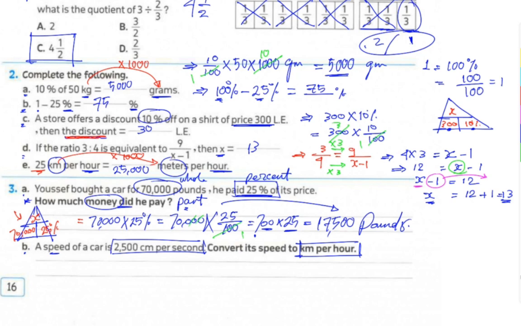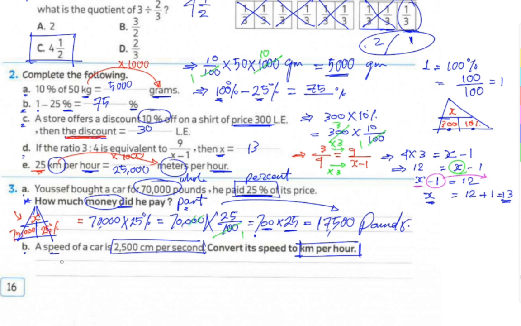First I need to find the conversion factor from centimeters per second to kilometers per hour. Then I will multiply this conversion factor by the number 2,500.